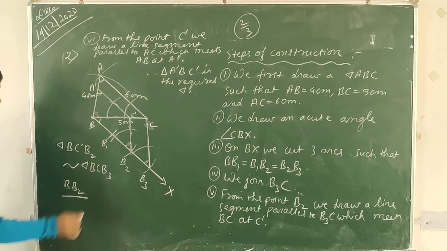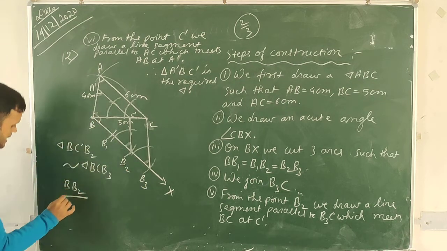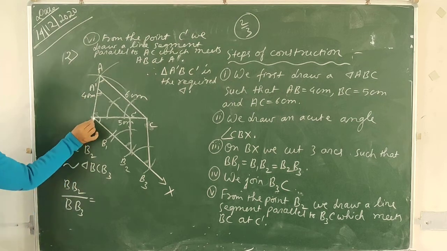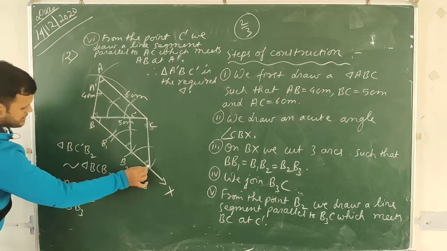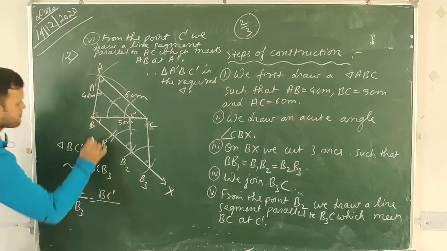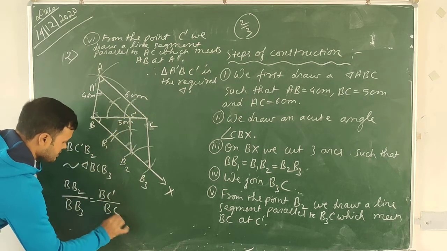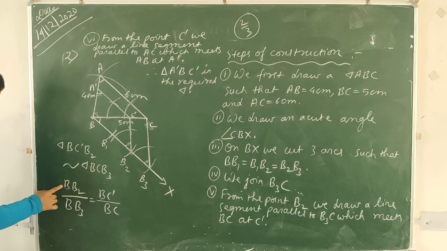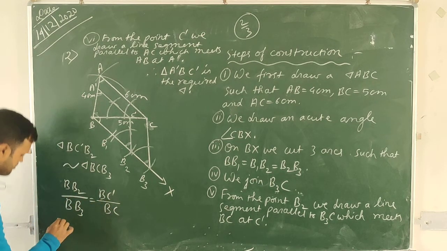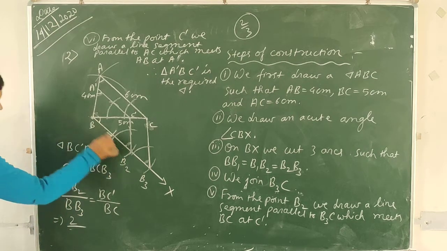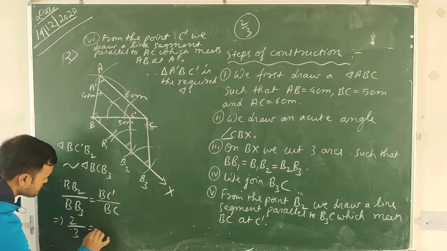So now therefore this side B2 by B3 is equal to BC dash by BC, isn't it? So now B2 is how many parts? 2 parts. B3 is how many parts? 3 parts.